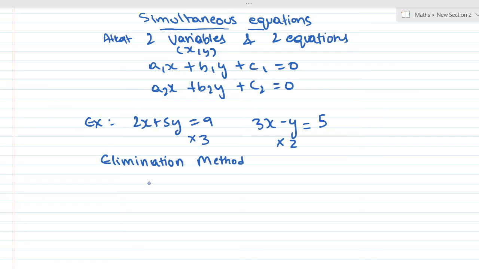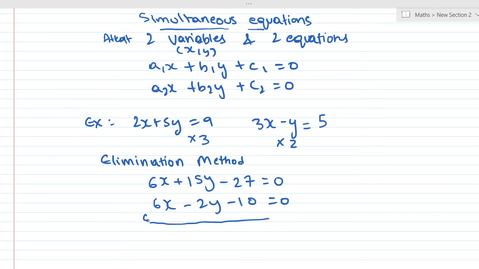The first equation will be 6x plus 15y minus 27 equals 0. Similarly, this equation if we multiply with 2, 6x minus 2y minus 10 equals 0.